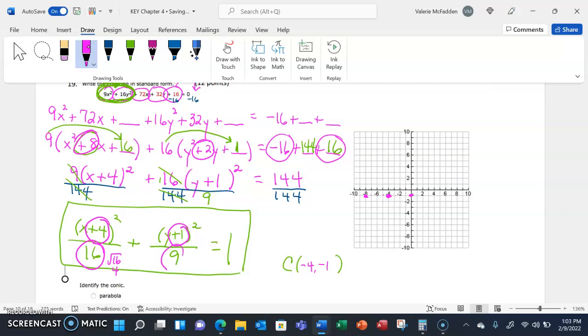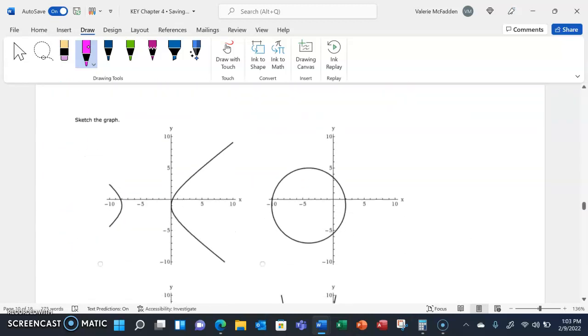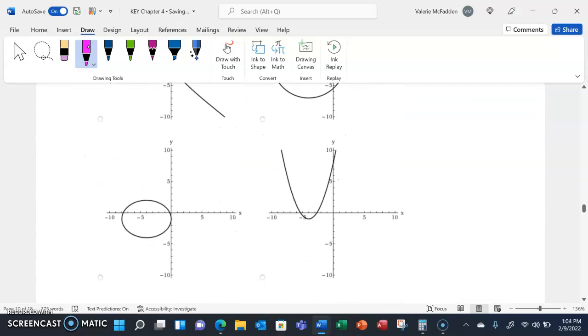Okay, on the y-axis, the square root of 9 is 3. We're going to move up 3, 1, 2, 3 up, and from the center, 1, 2, 3 down. That's what our ellipse looks like. Center at negative 4, negative 1. It's got to be this one.